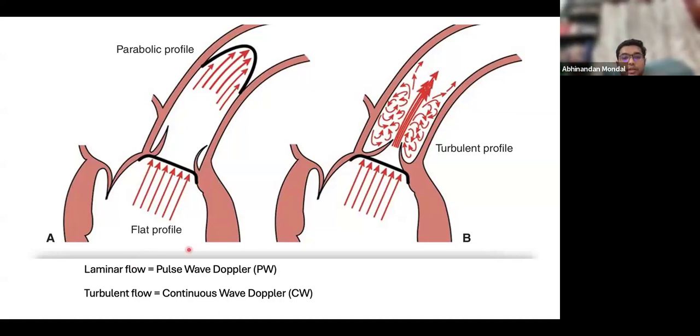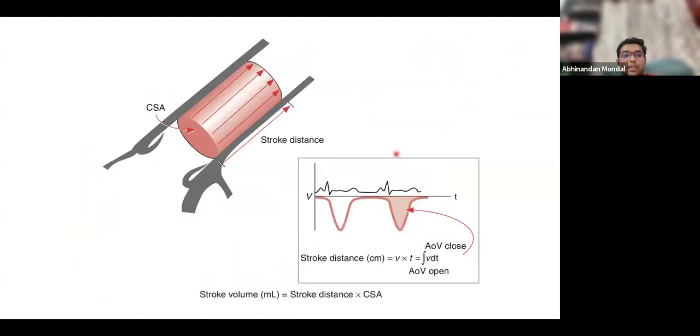So always remember, whenever there is no regurgitation or stenosis, you have laminar flow. If there is a laminar flow in color Doppler, you have to put pulse wave Doppler. And if there is a turbulent flow, that means there is a stenosis or regurgitation, you have to put continuous wave Doppler.